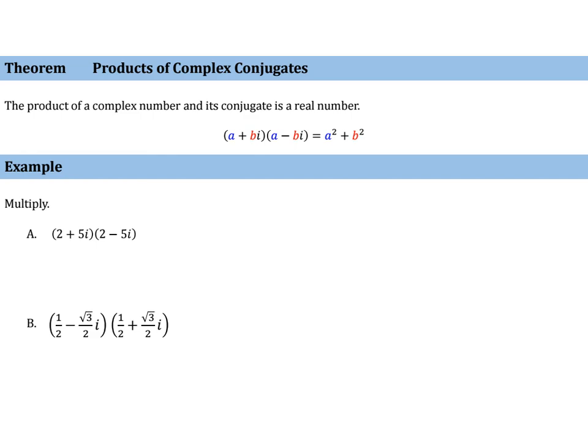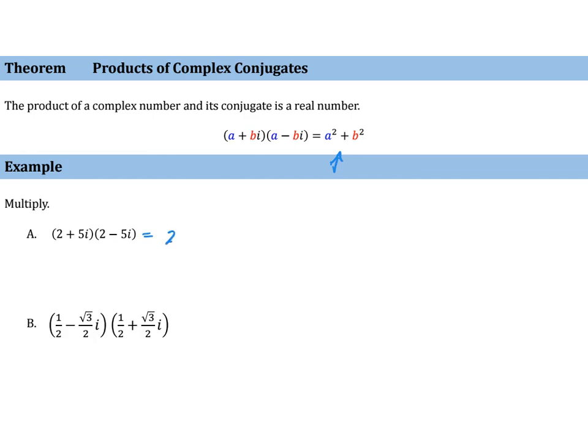So 2 plus 5i times 2 minus 5i, you can FOIL it out or use this trick from above. So go ahead and pause the video and try 2 plus 5i times 2 minus 5i and see what you obtain. So if we do this, the real part is 2.